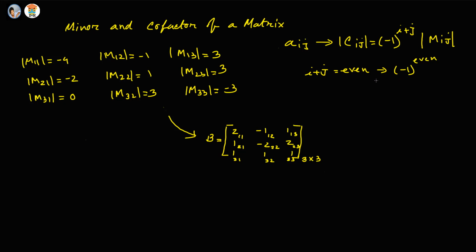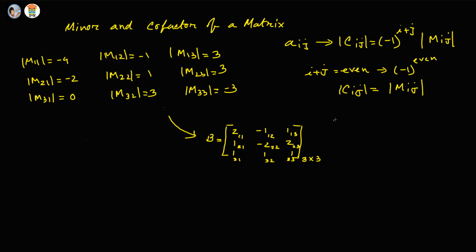That means in those cases when i plus j is even, the cofactor Cij will be equal to the minor. For example, here i is 1 and j is 1, so 1 plus 1 is equal to 2, minus 1 to the power 2 is equal to 1. So in this case, minor will be equal to cofactor.